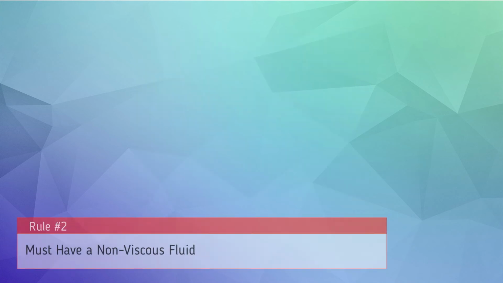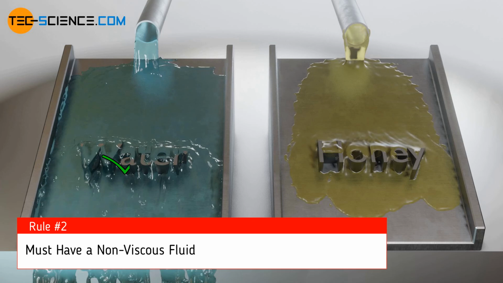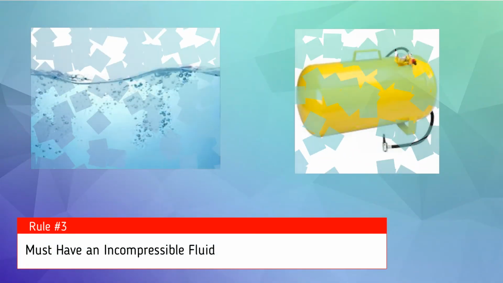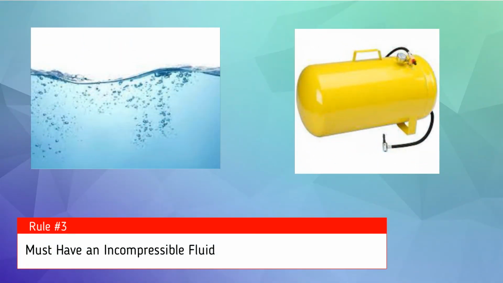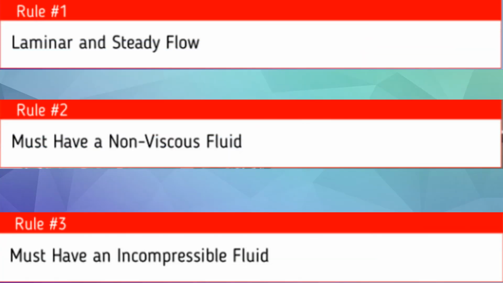The second rule is that the fluid must be non-viscous, which means that the viscous forces caused from the fluid is negligible compared to the pressure and inertial forces. And finally, the third rule is that the fluid must be incompressible and having a constant density. This is usually fine for liquids, but the issue arises when you have air. All three of these rules must be taken into consideration when trying to solve for variables using Bernoulli's equation.